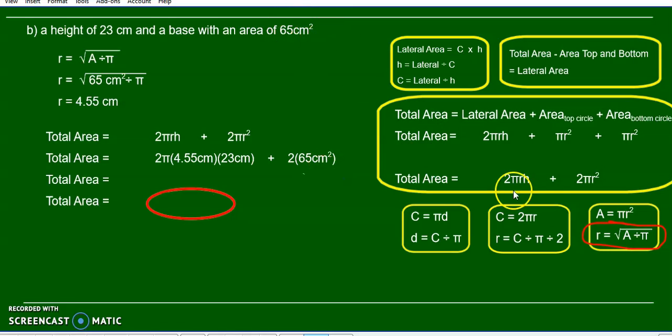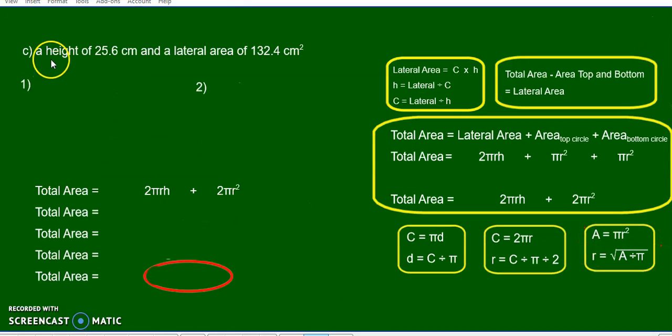We could put the 4.55 here and do 4.55 squared times pi times 2, but it'll give us the same answer, 130. So this works out to be lateral area 657, 130 for the top and the bottom together, and the total 787.5 centimeters squared. Centimeters times centimeters is centimeters squared, and then centimeters squared plus centimeters squared is centimeters squared.